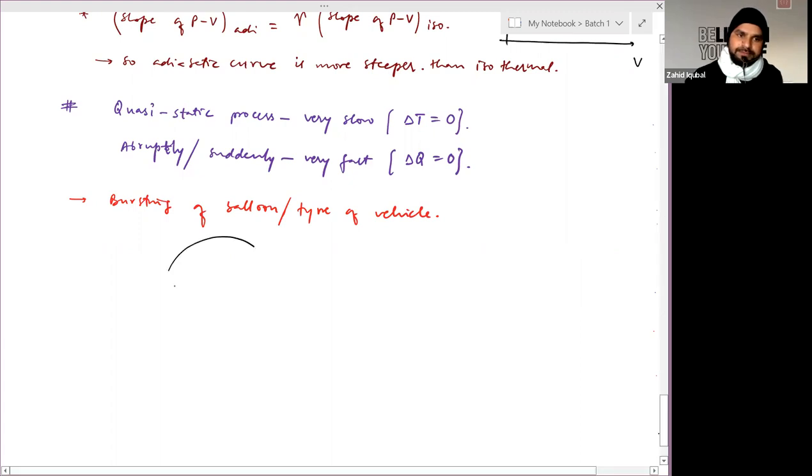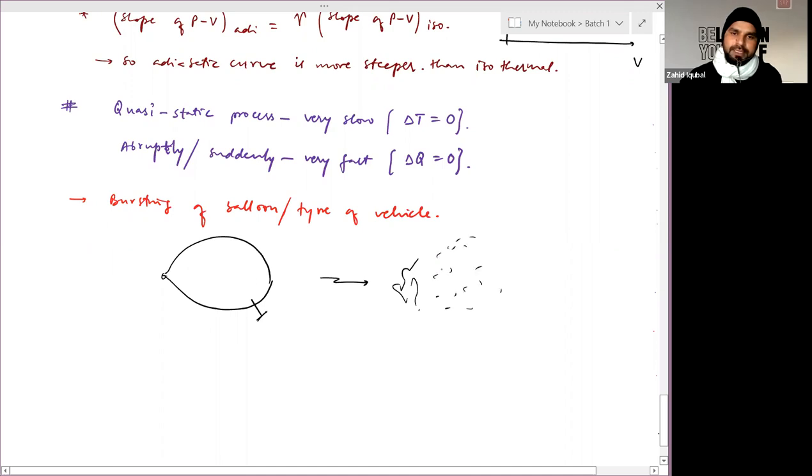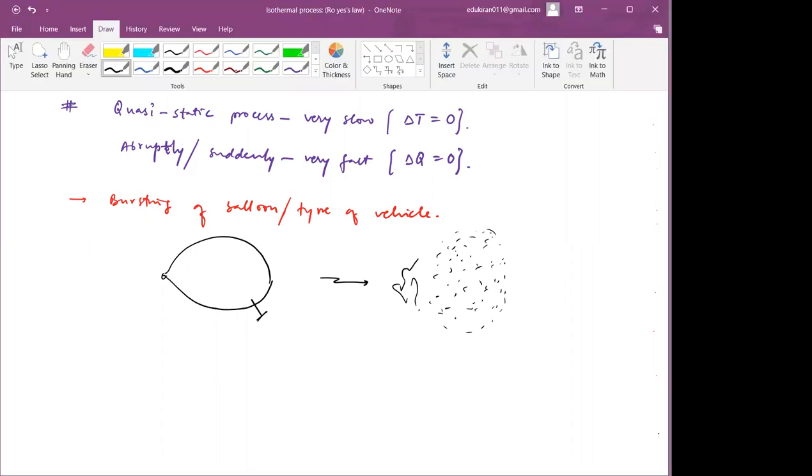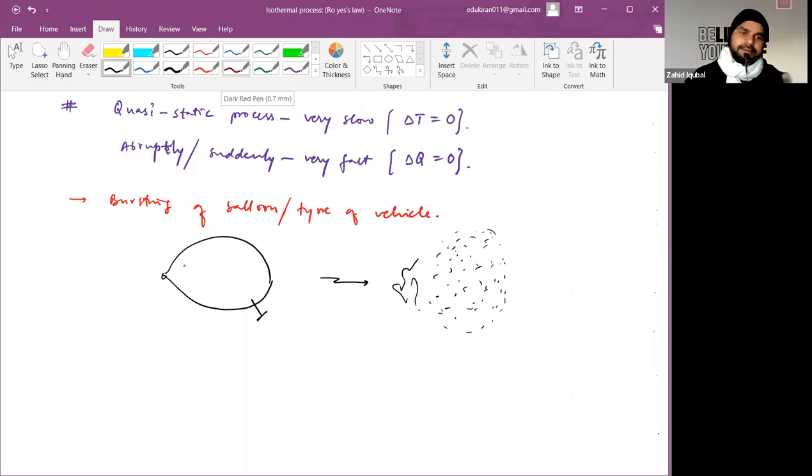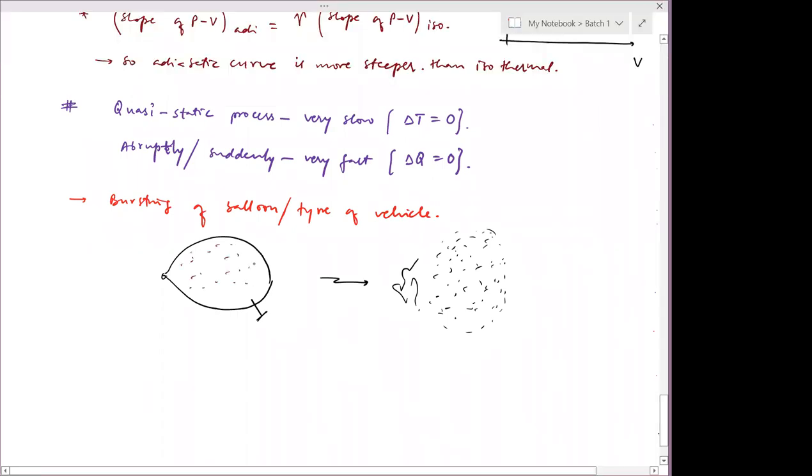Suppose you have a balloon and if you pinch it like this, on bursting, air will eject out into the surroundings. So will this air ejecting out from the balloon be cold or hot as compared to normal air? Khalid? Hot or cold? I think hot. Okay.